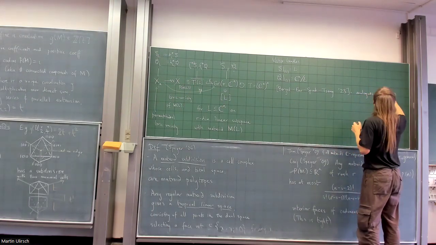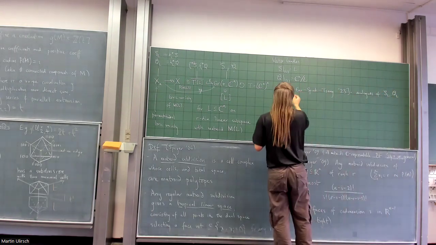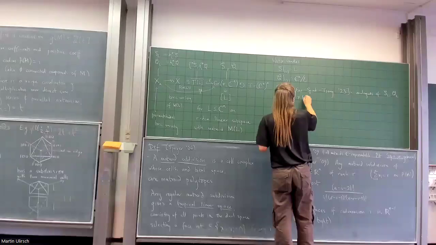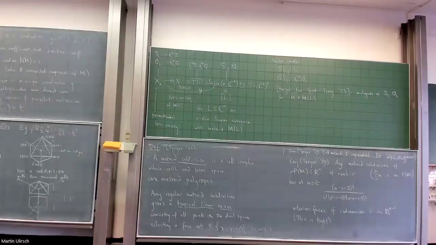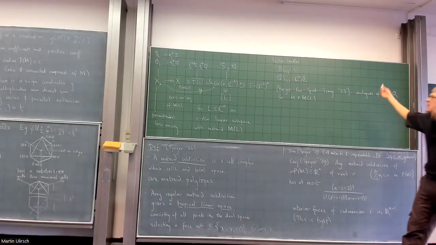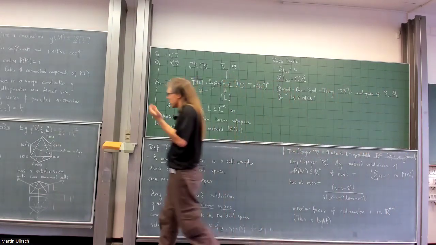Okay. So what these people did is sort of wanted to produce analogs of these for non-realizable matroids, that are not of the form matroid of some linear space. And okay, you can make vector bundles, in fact.